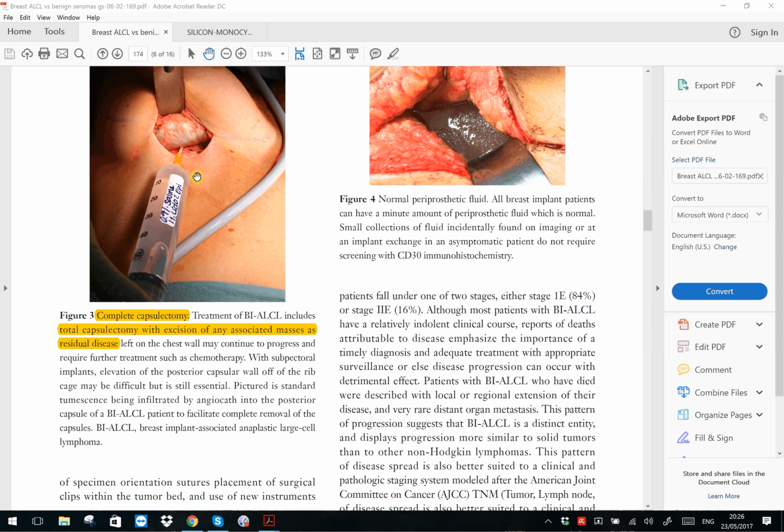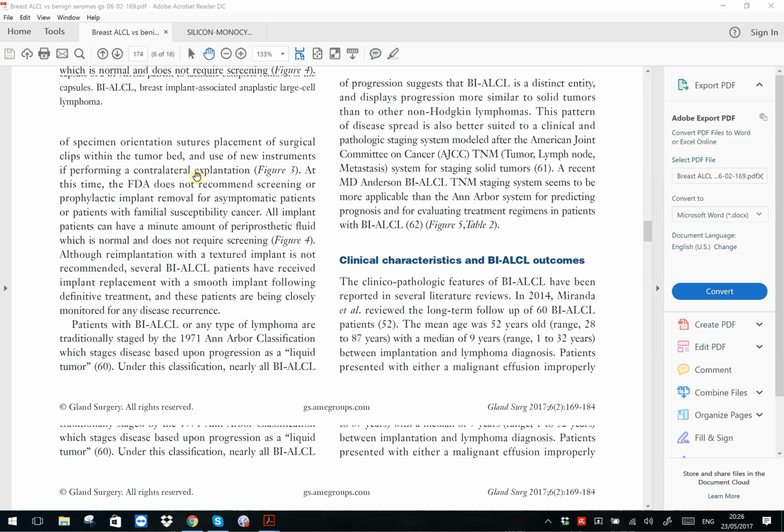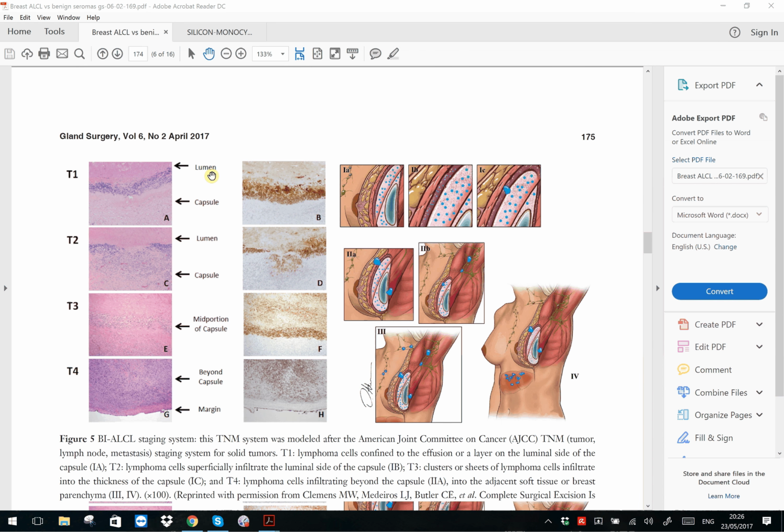A partial capsulectomy sometimes reveals the anaplastic large cell lymphoma or not, so it's more trustworthy to examine the effusion.